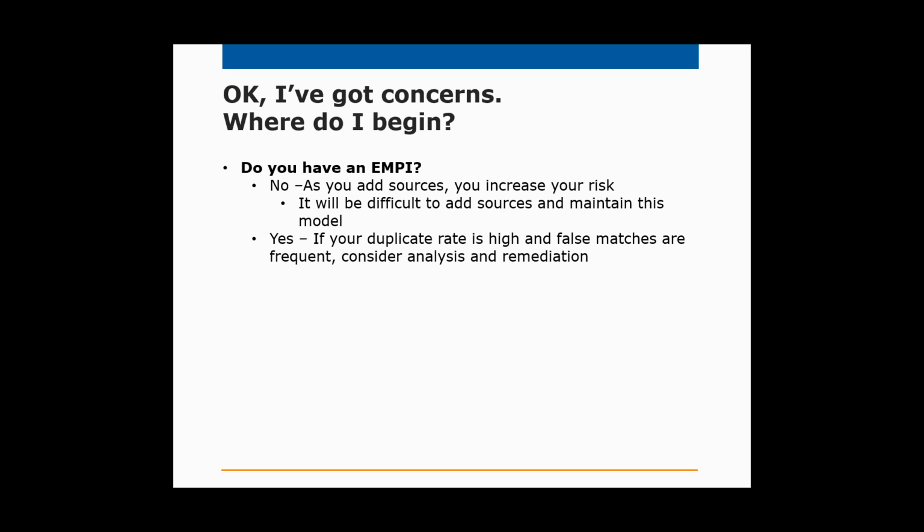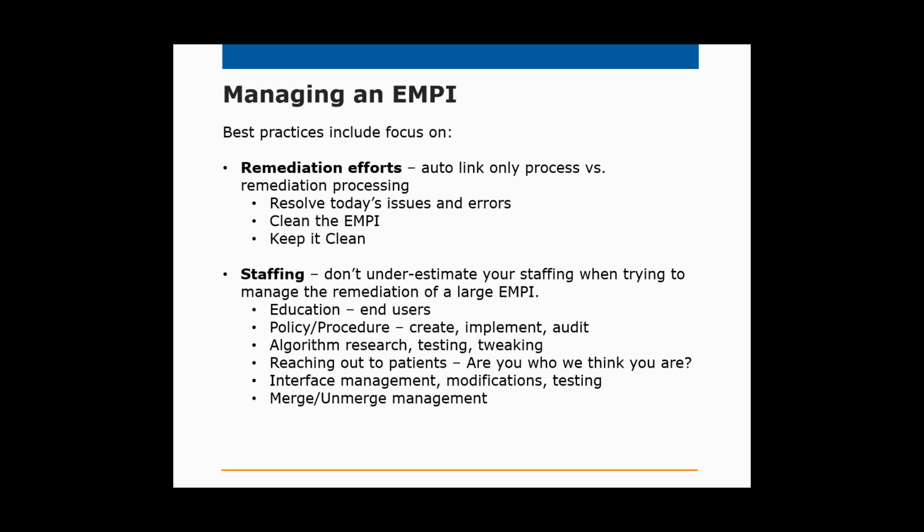You may need to simply adjust the algorithms. In some cases, we worked with one site where their algorithms were not set up very robust at all, so we needed to assist them with that type of work. So your best practices will include a focus on those remediation efforts.